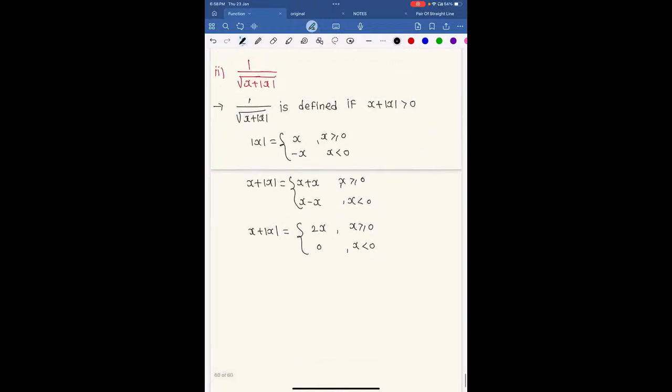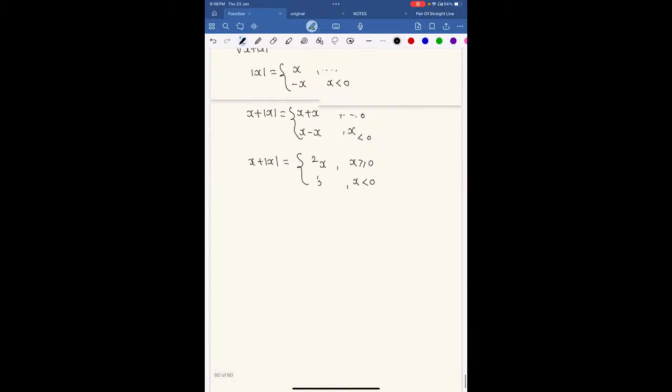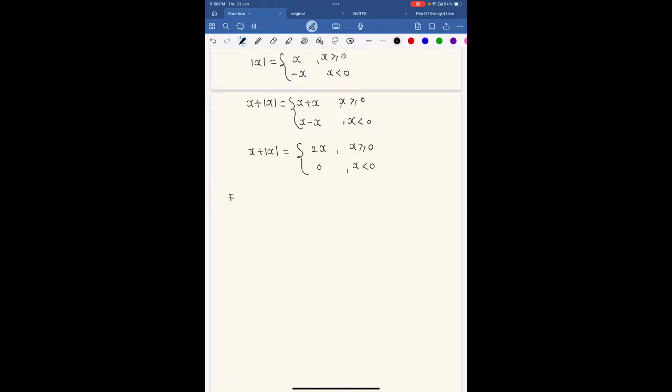Now we want x plus mod of x is strictly greater than 0. So for x strictly greater than 0 x plus mod of x काय आलाय 2x आणि x strictly greater than 0 so 2x पण काय असेल strictly greater than 0. इनइक्वालिटी प्रॉपर्टी मध्ये बघितलं आपण जर x ग्रेटर दॅन 0 आहे त्याला काय पॉझिटिव्ह कॉन्स्टंट मल्टिप्लाय केलं ते पण काय येईल ग्रेटर दॅन 0 because we know that if a is greater than b then k a is also greater than k b for some positive k.